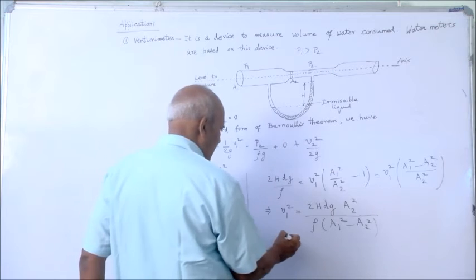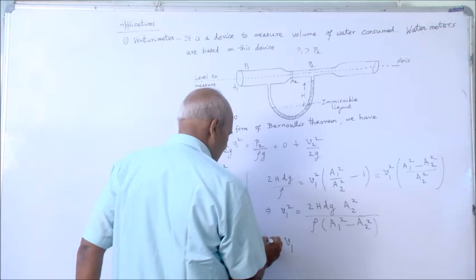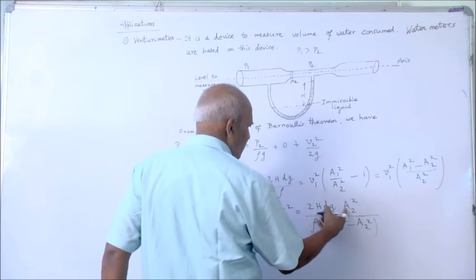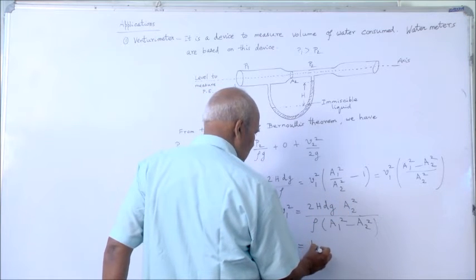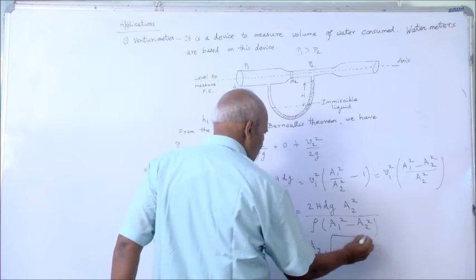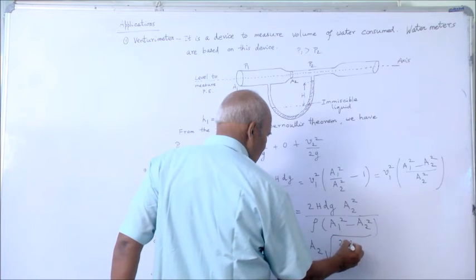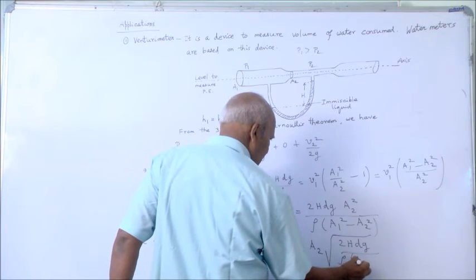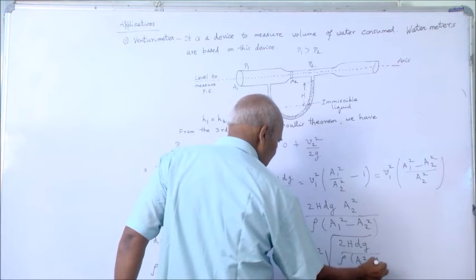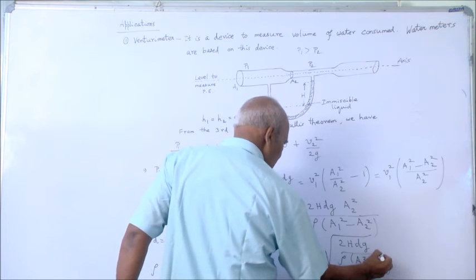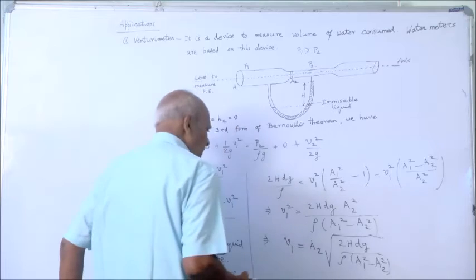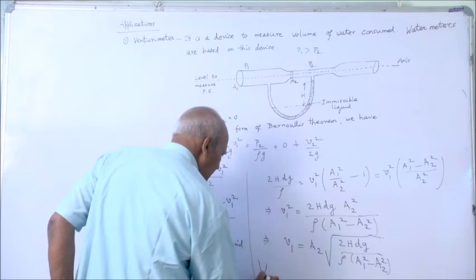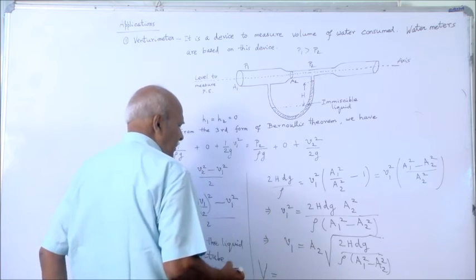So, once you find V1, how much is it? If you take the square root, only A2 will come out, and all other things are inside the square root. Then capital V1, small v1 is speed or velocity.